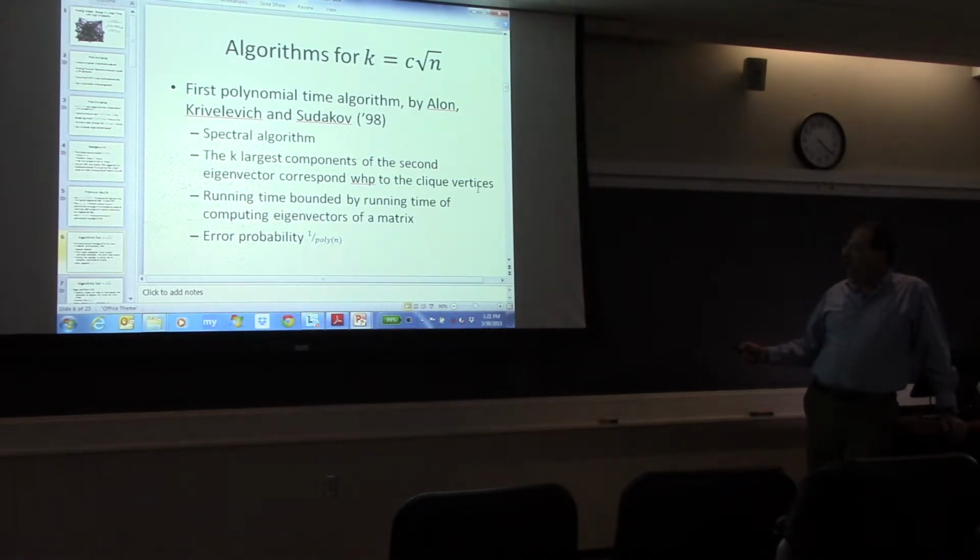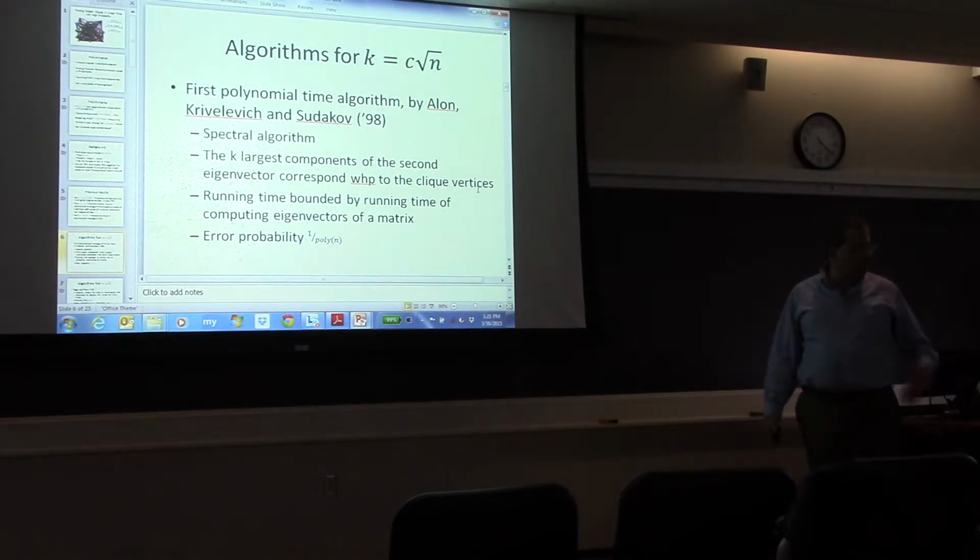The first algorithm was a spectral one due to Noga Alon, Michael Krivelevich, and Benny Sudakov. It's fast to approximate the eigenvalues of the adjacency matrix and the eigenvectors. You look at the second eigenvector, and you look at where the largest components of that eigenvector are, and if k is larger than a constant times root n, this will work.